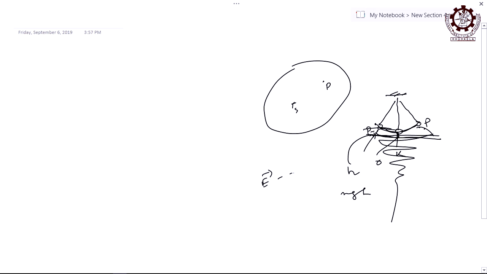That way you can say E vector is generally expressed as minus del V, right. The gradient of potential is a vector. So, if you know intensity, you can know the voltage or potential, or vice versa.